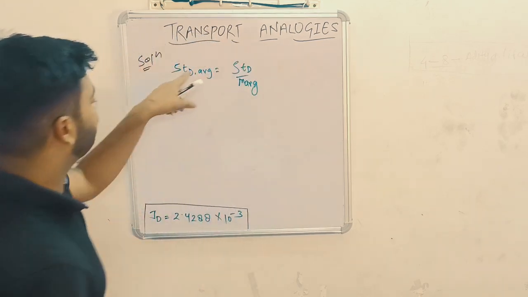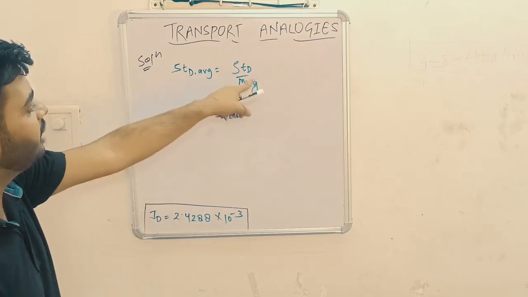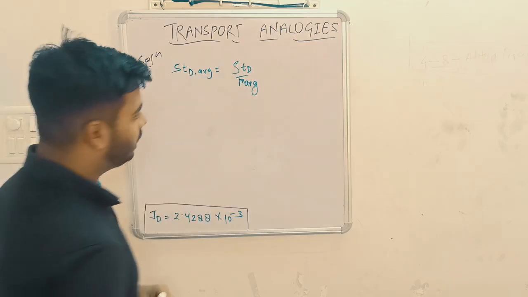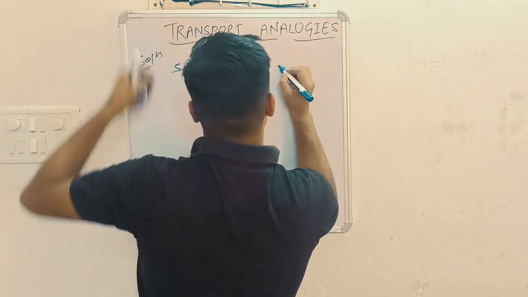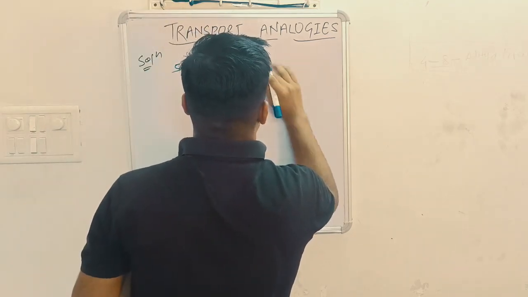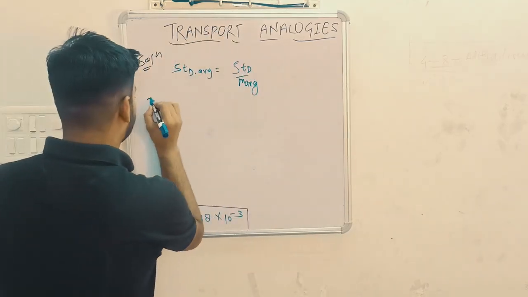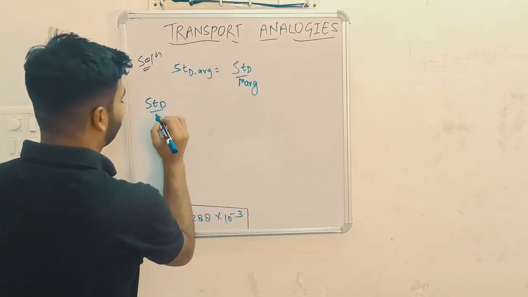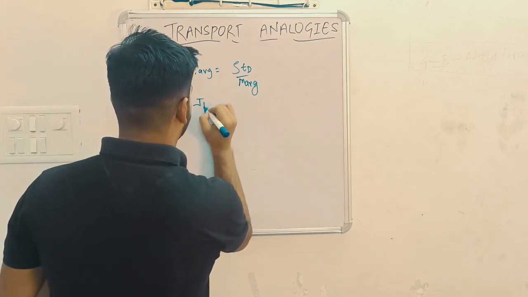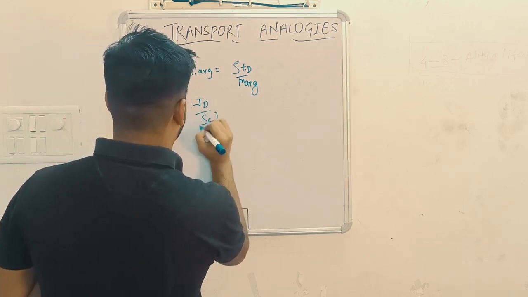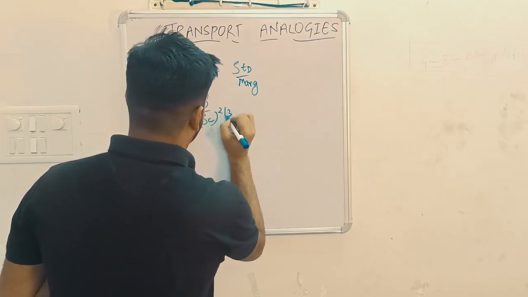As we have derived the formula for average Schmidt number, Schmidt number average will be Schmidt number divided by average molar mass, equal to JD into Schmidt number power 2/3.